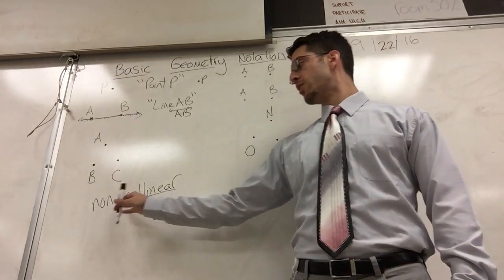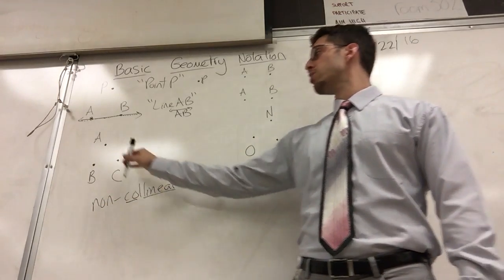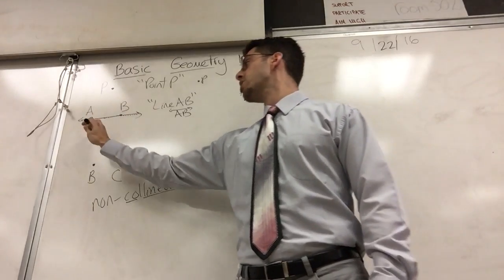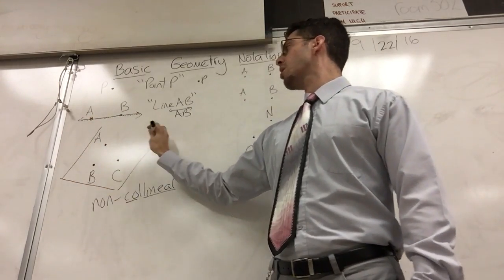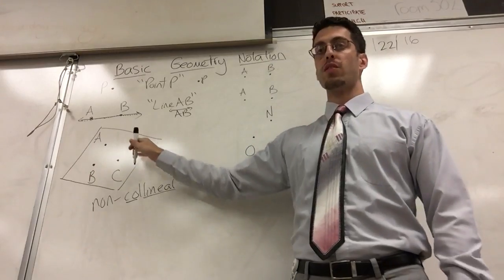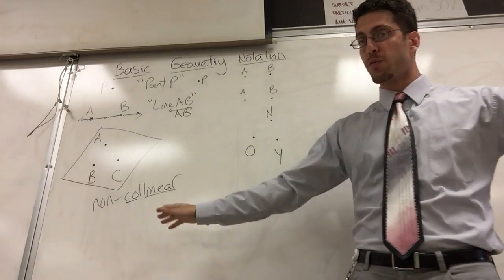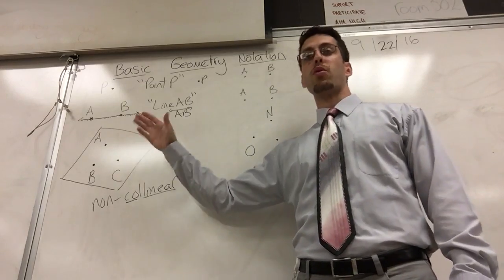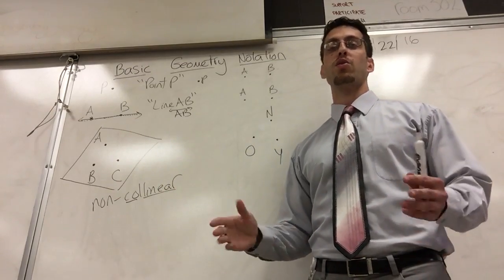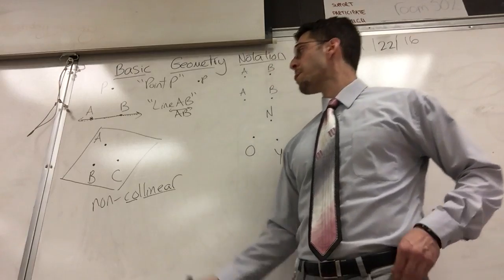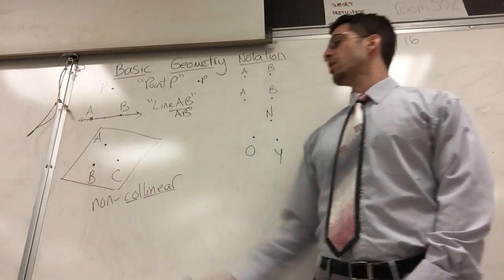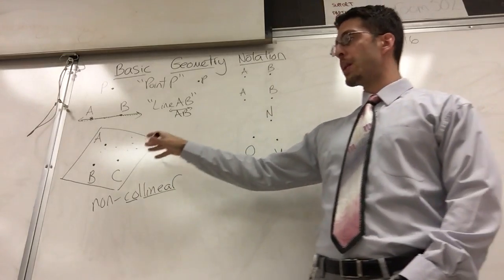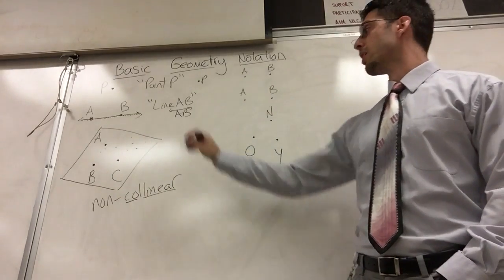So it's not on the same line. These 3 points are not on the same line, therefore they don't make up a line, they actually make up a plane. A flat surface is a plane, not the plane, no, a flat surface is a plane. The chalkboard, the blackboard, the whiteboard, the floor, the desk, those are all planes. So it takes 3 points. There's obviously a million other points here, but it only takes a minimum of 3 points to create a plane.